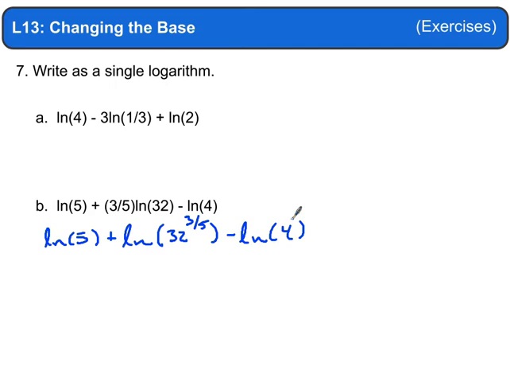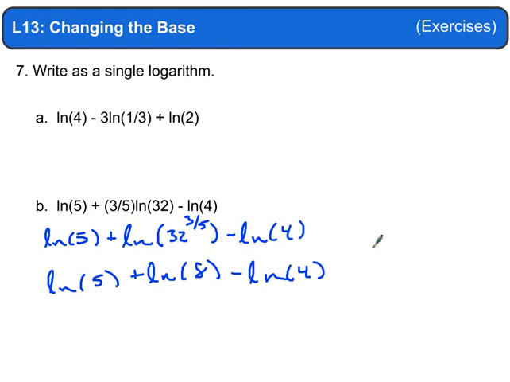So 32 to the 3/5 power is going to be 8.